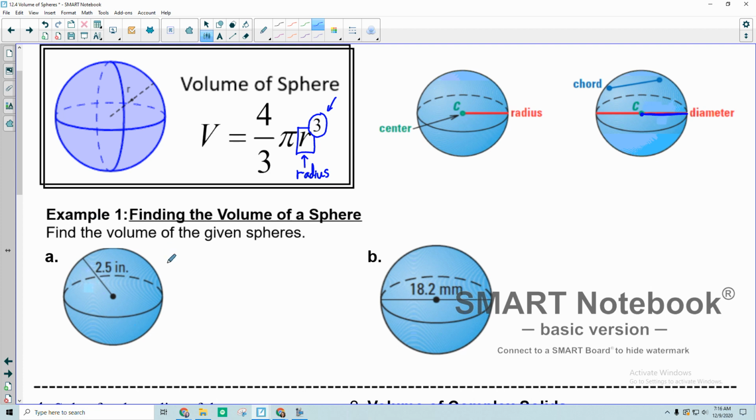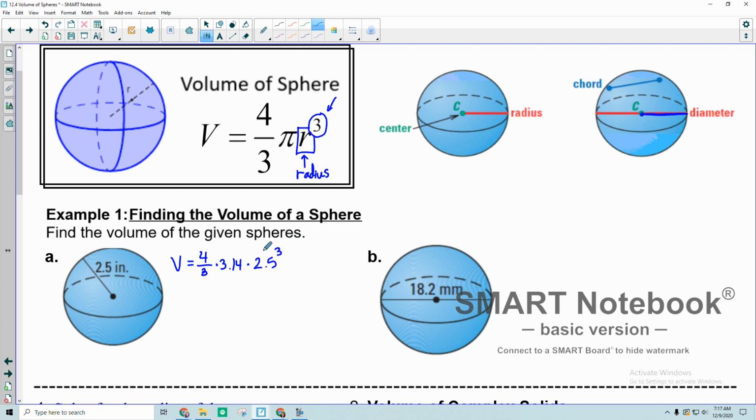For example, if we look at this problem and we're trying to find the volume, it would be 4 divided by 3, so 4/3, times 3.14, that's pi, multiplied by the radius. This is definitely the radius, from the center point to some point on the sphere, so that's 2.5, and we make sure 2.5 is cubed, to the power of 3.